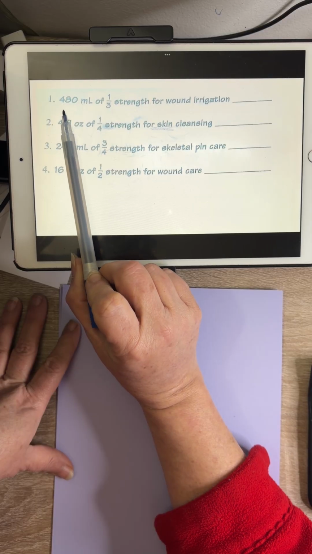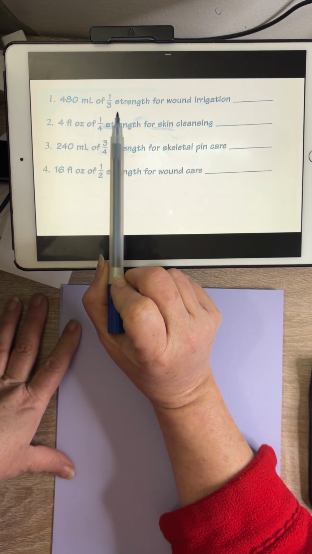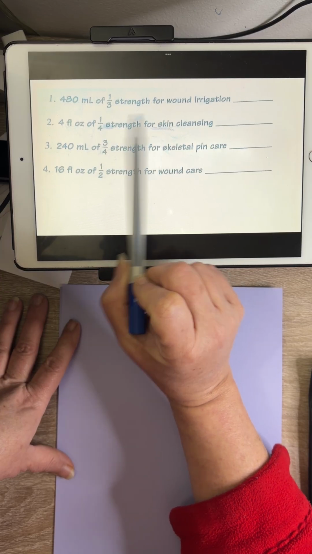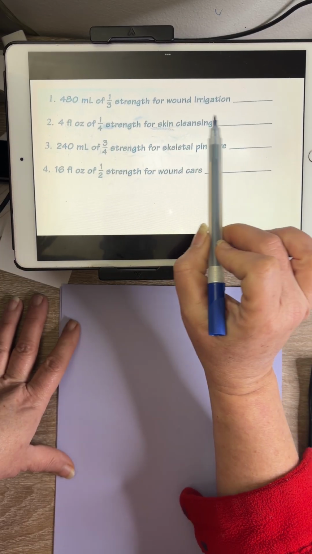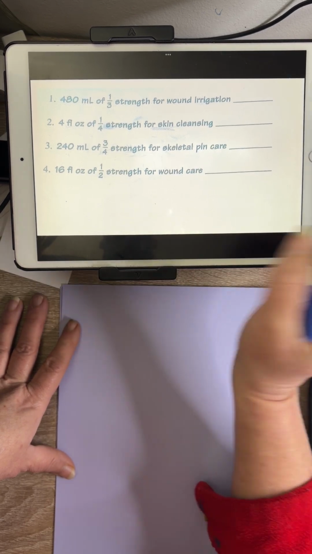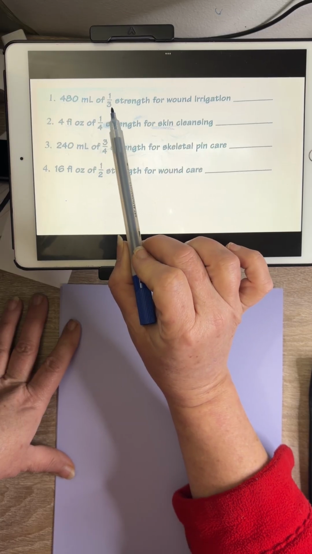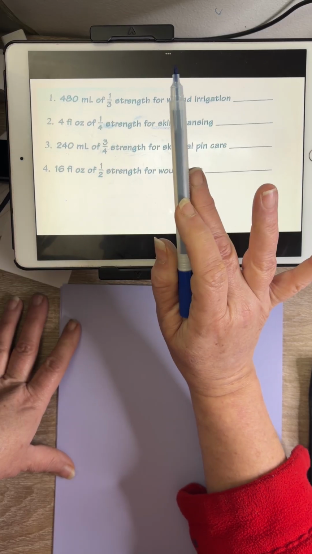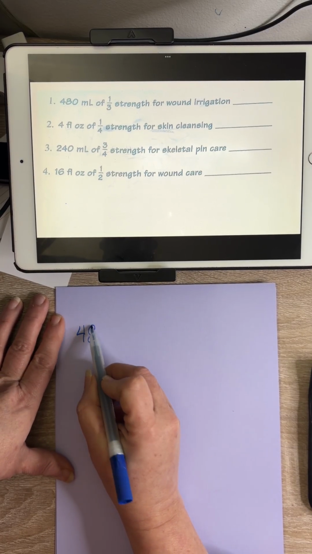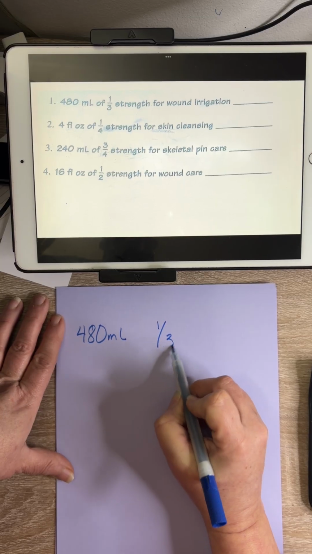So the first one says you have 480 milliliters of 1/3 strength solution for a wound irrigation. And so it's going to be usually like saline and water, and you got to make it 1/3 strength. So let me show you how you do this. You got 480 milliliters total, and they want 1/3 strength.